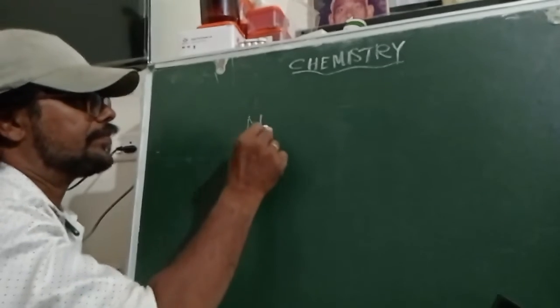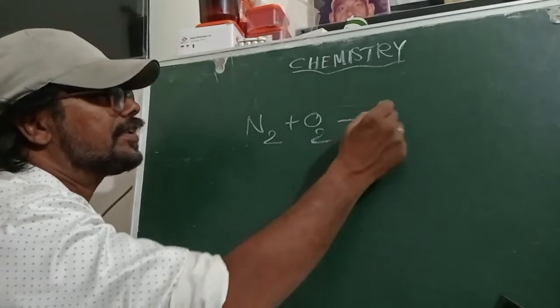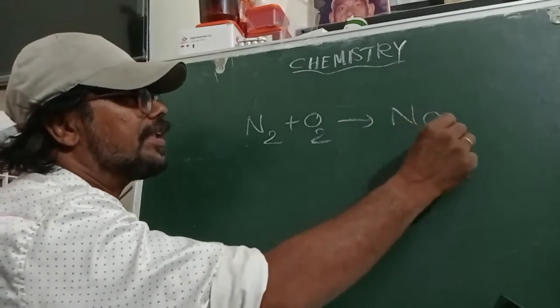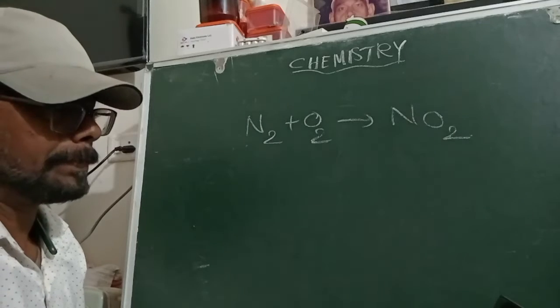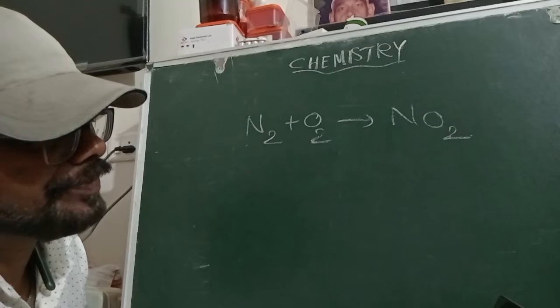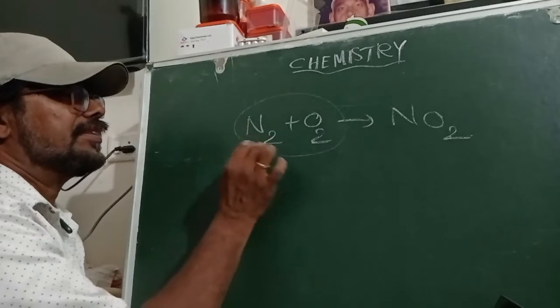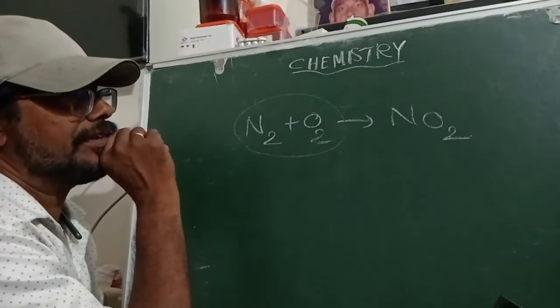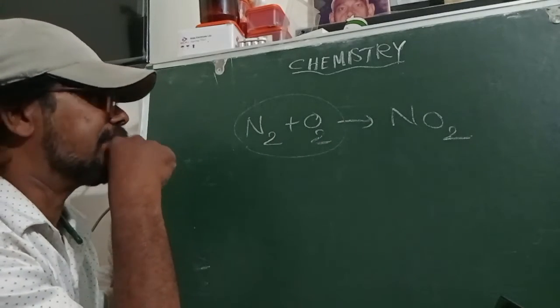Nitrogen reacts with oxygen to give nitrogen dioxide. This is the equation given. Here the reactants are nitrogen and oxygen. The product is nitrogen dioxide. Now balance it.